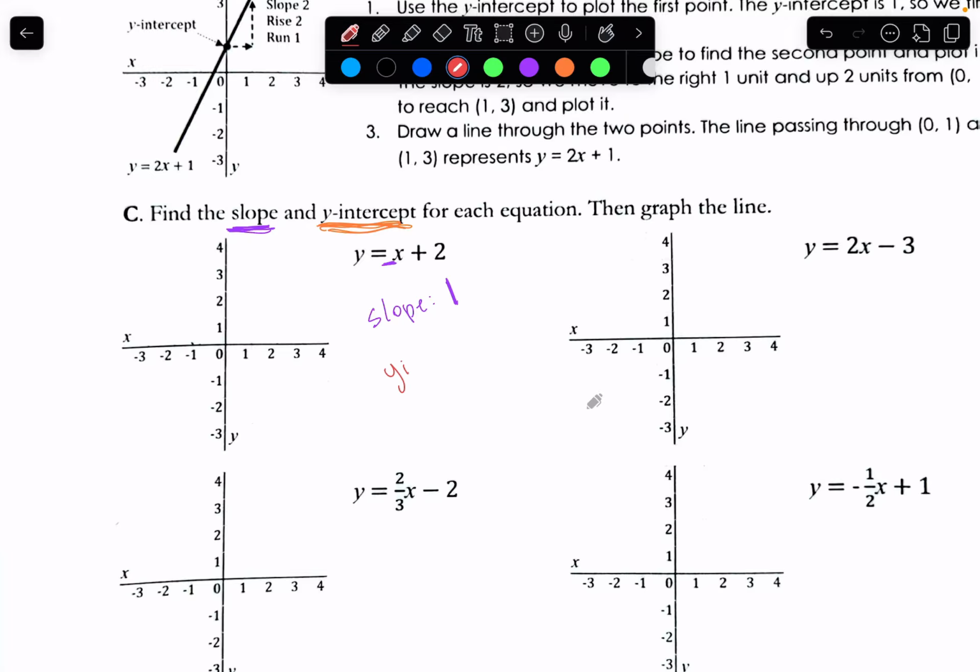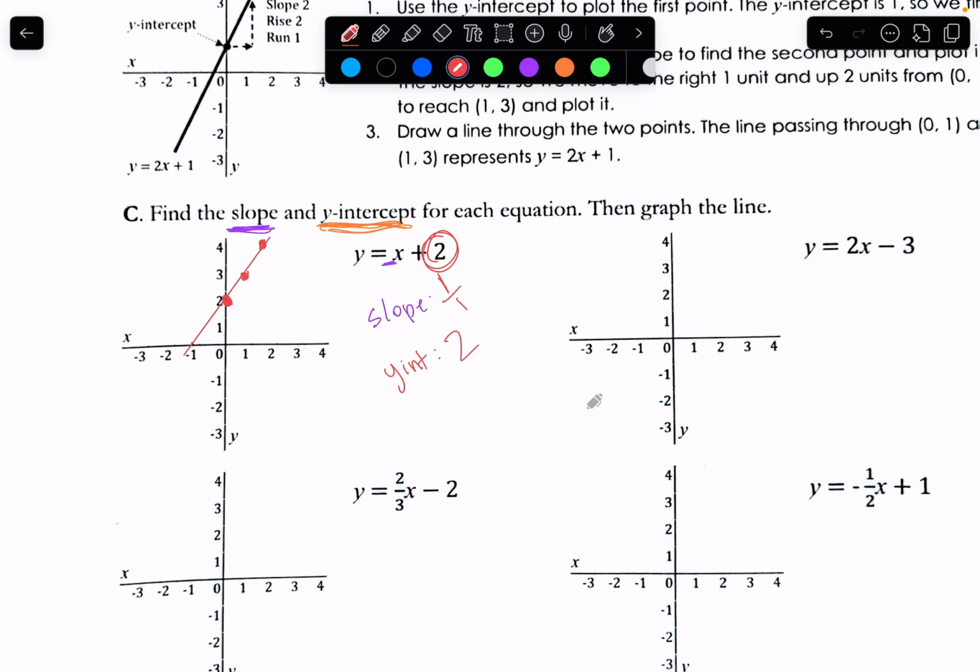And our y-intercept is going to be whatever's over here, which is 2. That means it's going to hit the y-axis at 2. And my slope is going to be 1 over 1, which means I'm going to go up 1 and over 1. Ta-da!